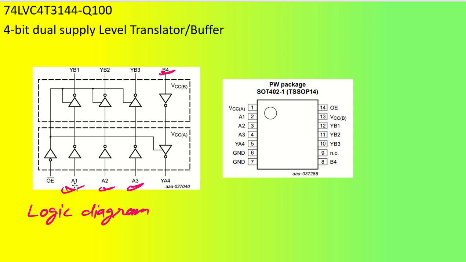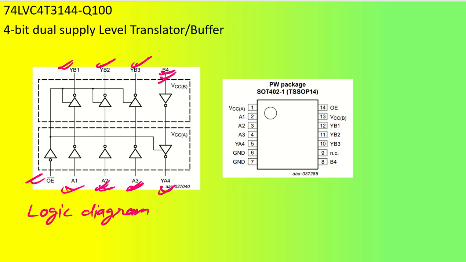This is actually unidirectional. You can see we have an output enable pin, so you just have to keep the enable logic here, and A1 will go to YB1, A2 will go to YB2, and A3 will go to YB3. Similarly, one channel is in the opposite direction, B4 will come to YA4. Understood?